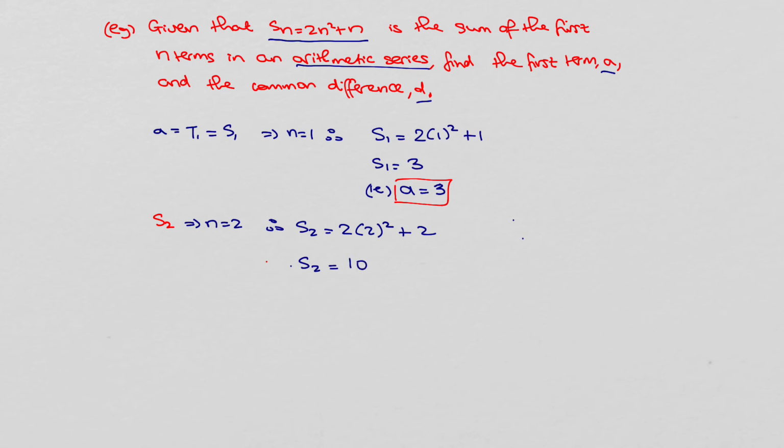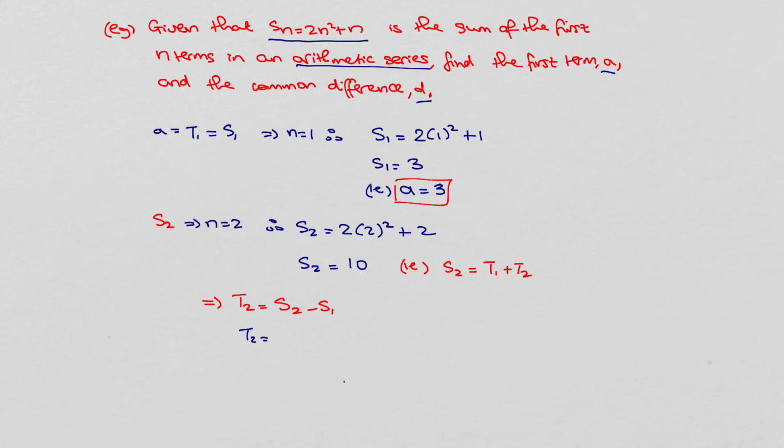So that means the sum of the first two terms is 10. But we have to remember that the sum of the first two terms means term 1 plus term 2. So therefore, if I want the second term, term 2, I must get the sum of the first two terms minus the sum of the first term, and that will allow me to find term 2.